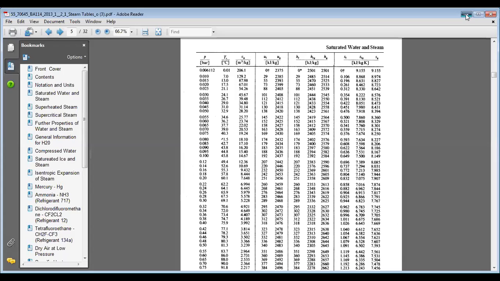So your values, you can see HF equals 2584. So this is HG, HG at 3.